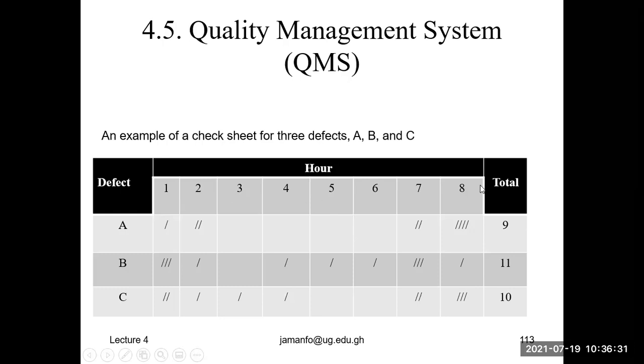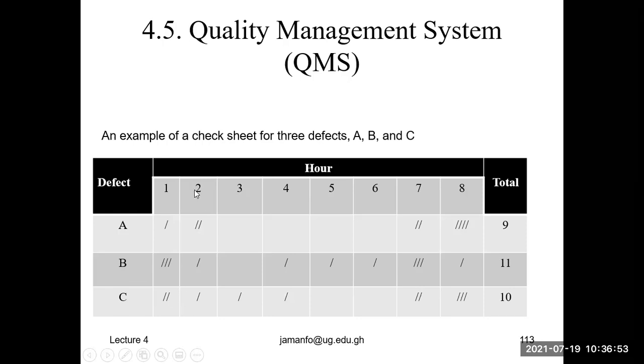Our production hours in a day, 8 hours. In the first hour, when we checked, out of the products that we produced in the first hour, we had one occurrence of defect A. We had 3 occurrences of defect B, and we had 2 occurrences of defect C.